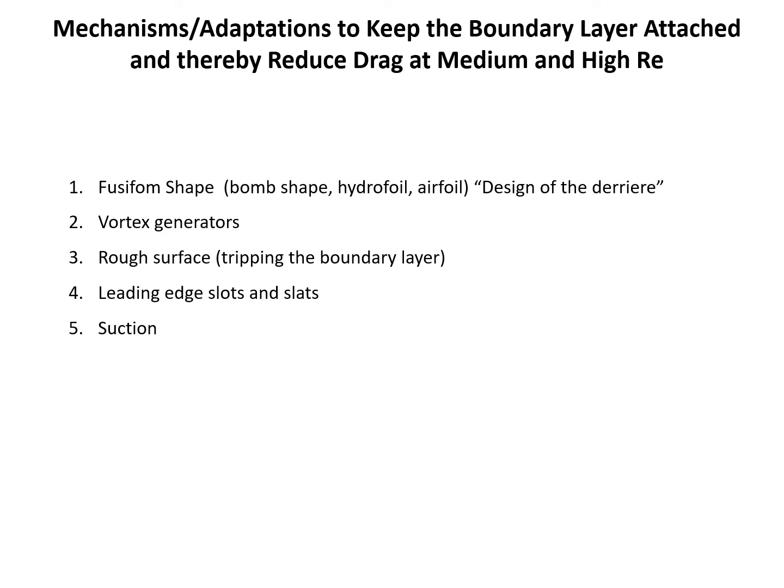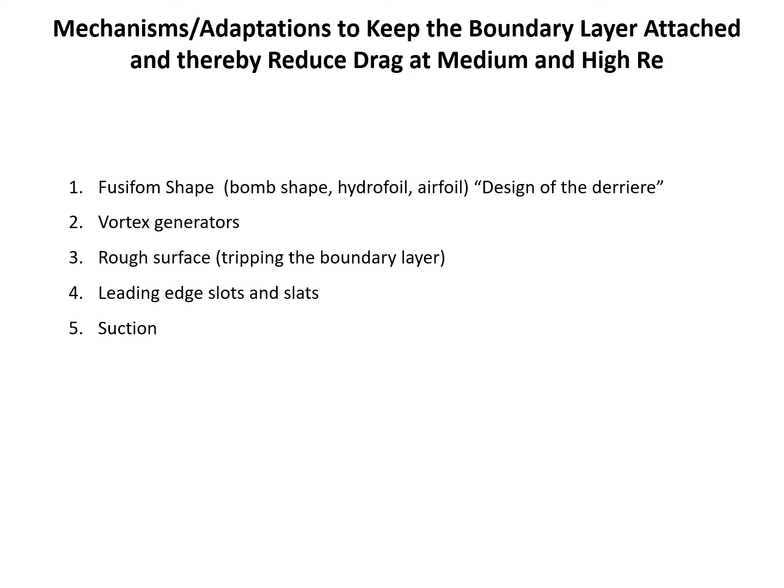And then I want to look at a roughened surface, a tripping. Basically, we saw this in the movie, when the boundary layer is tripped and turbulence is induced, it helps to keep the boundary layer attached. We'll look at some vortex generators, leading edge slots and slats, and some amazing examples of where the boundary layer is being sucked onto the body.